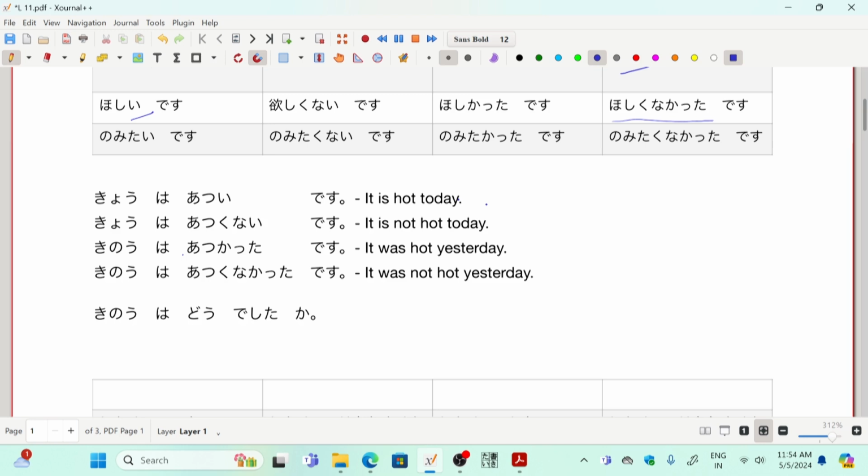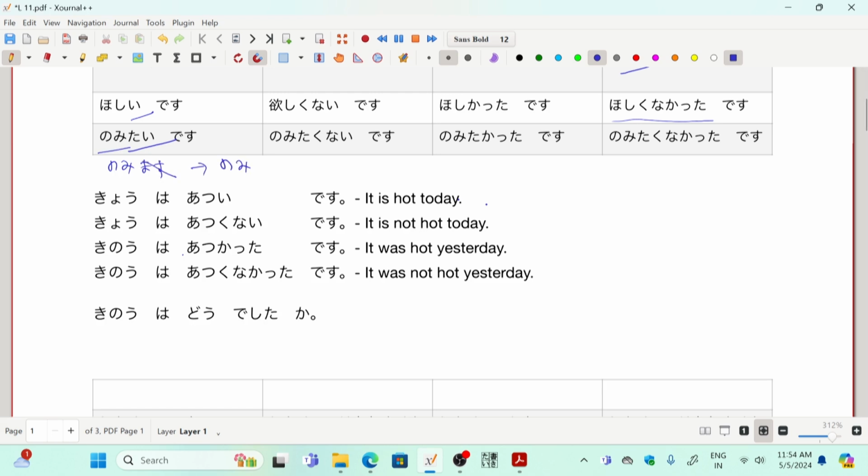Hoshii is treated as E-type adjective. The same rule apply with Tai form. Tai form is used with verb to express desire. So if I say I want to drink is nomimasu. So nomimasu, what we have done, we have cut mas and add tai.